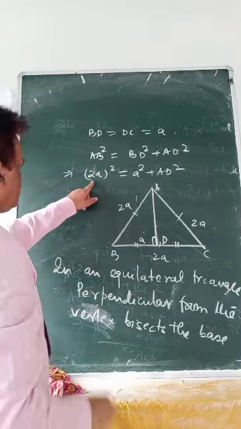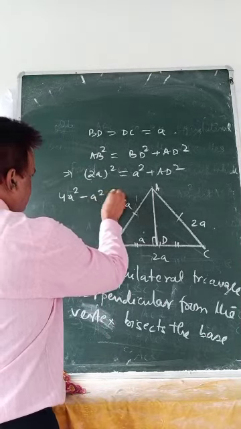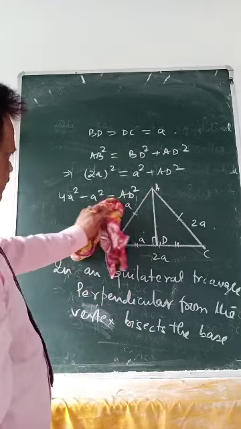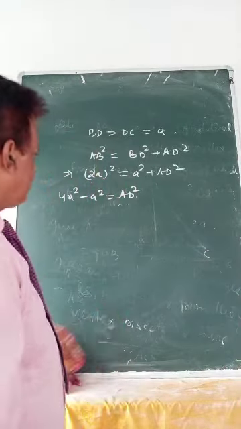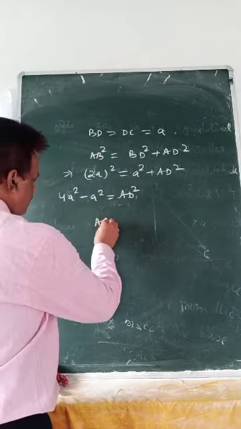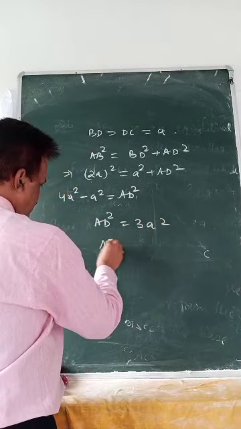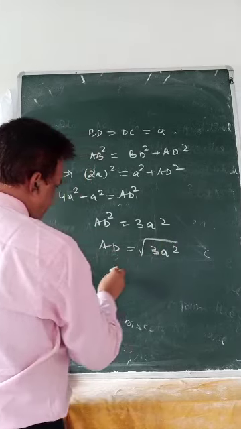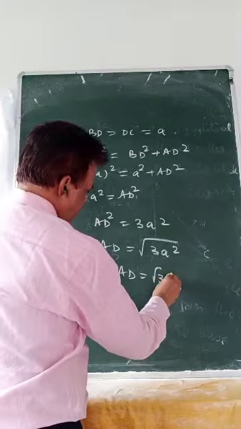So 4A square minus A square equals AD square. So AD square equals 3A square, and AD is root 3 A.